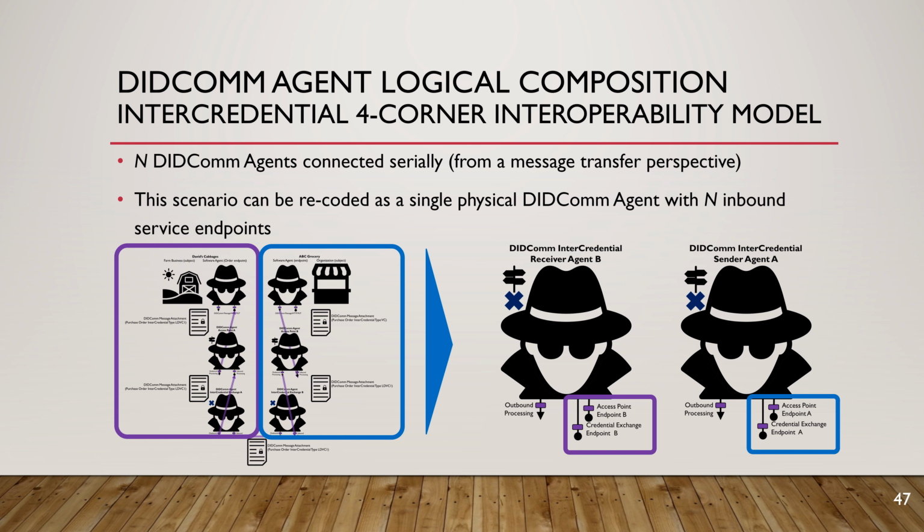So we can see that the three agents in the blue box of ABC Grocery can be collapsed into the rightmost agent on this slide, and similarly the three DIDCOMM agents that are part of David's Cabbages can be collapsed into a single agent with multiple endpoints.